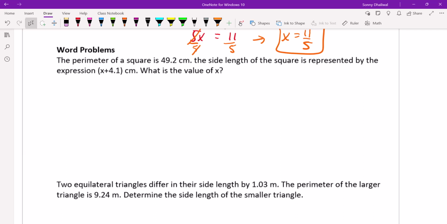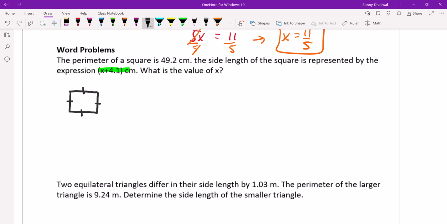The perimeter of a square is 49.2. The side length of the square is represented by this formula. Okay? It's asking what is x. So I'm going to draw this to help. All right? So we have a square, which means all the sides are the same length. Right? That's what the little line means.